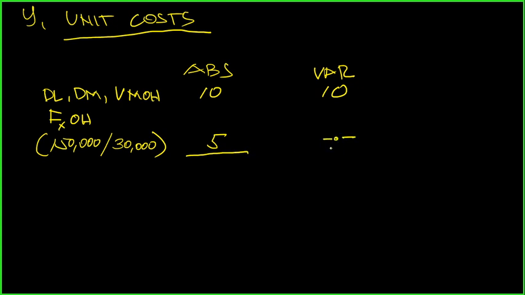So what is now our unit cost under absorption? You have 10 plus 5, that will now be 15 per unit, and under variable costing, you will have 10 per unit. That will be for year 1.